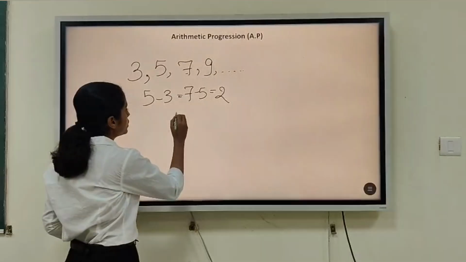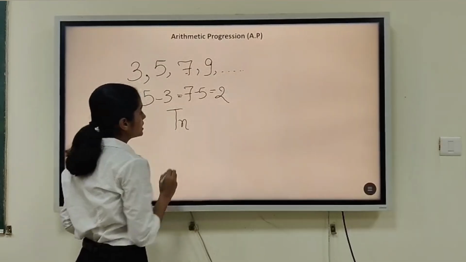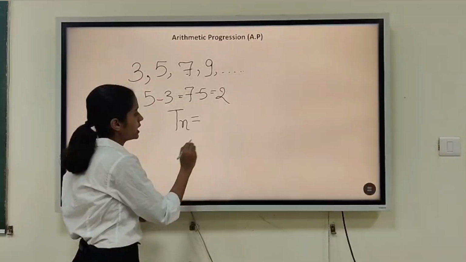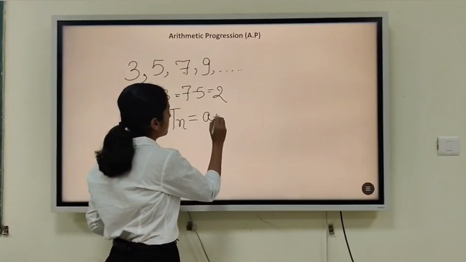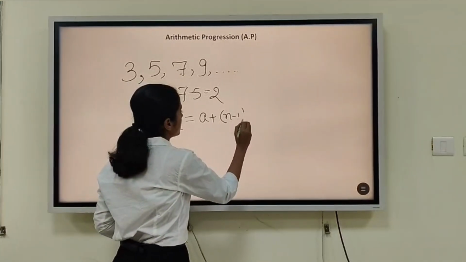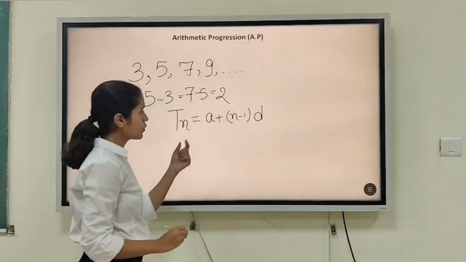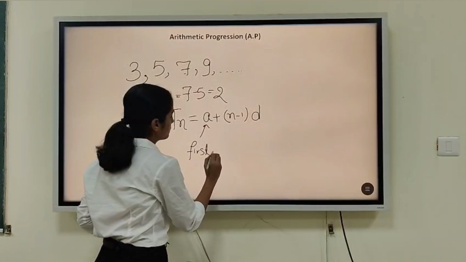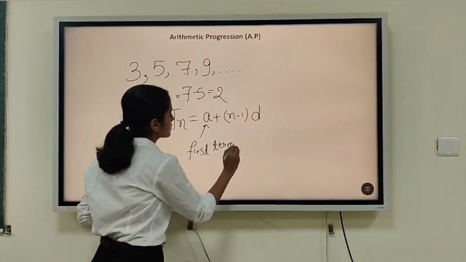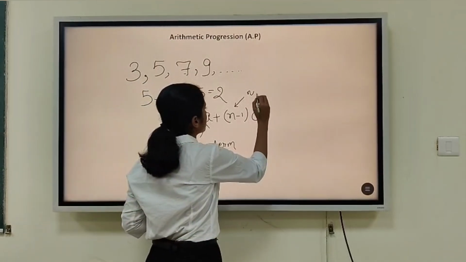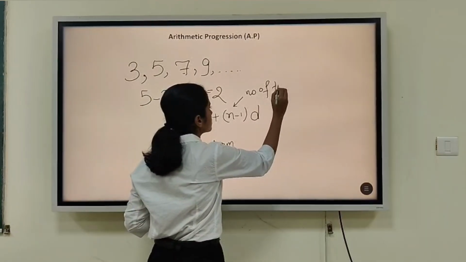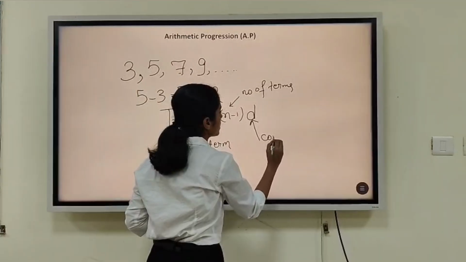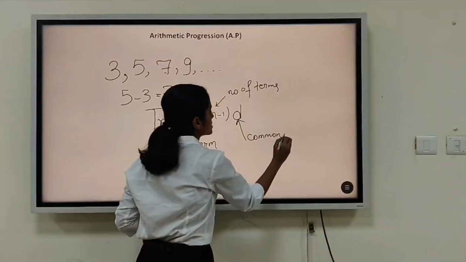So for that we use a formula for finding the general term of a sequence which is in AP, and we denote it by Tn, and the formula is a plus n minus 1 into d. In this formula, a is known as the first term of the AP, n is the number of terms, and d is nothing but the common difference.